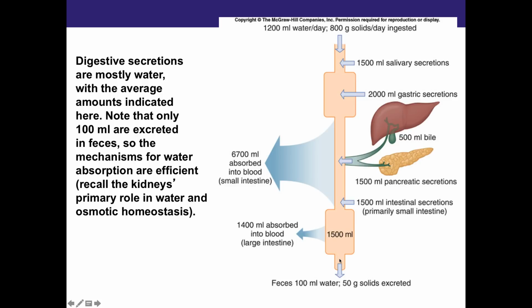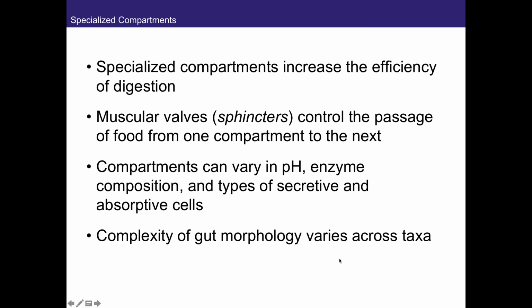So the GI tract is made up of various compartments. They're specialized compartments that have different pH, different enzymes, and they're all separated by these muscular valves called sphincters. I think the major ones that we talked about were the upper esophageal sphincter, the lower esophageal sphincter called the cardiac sphincter, and the pyloric junction.